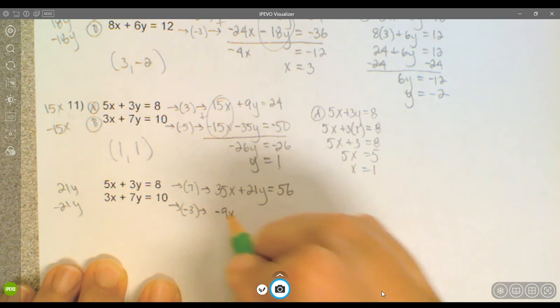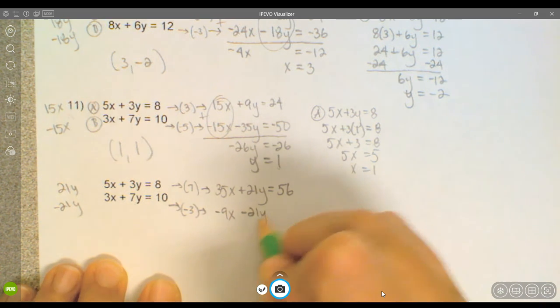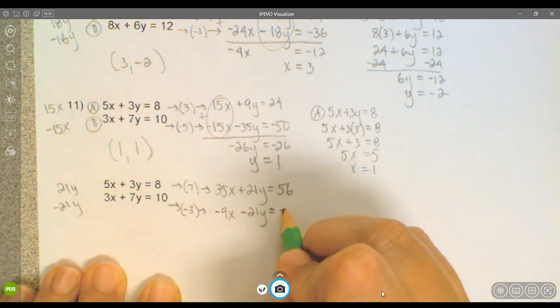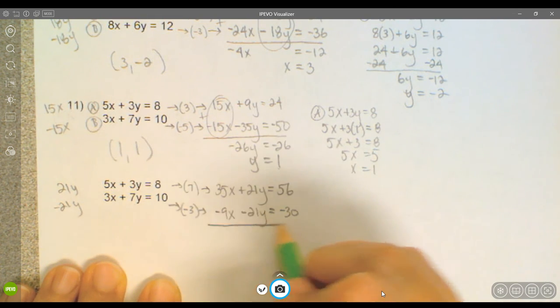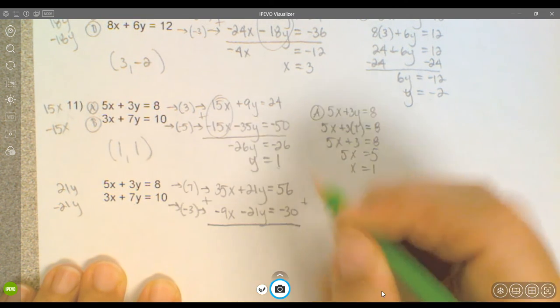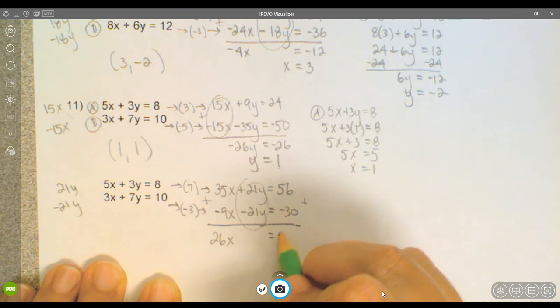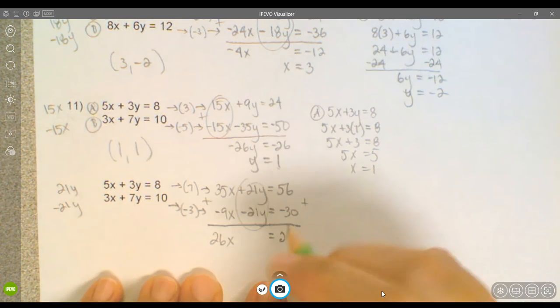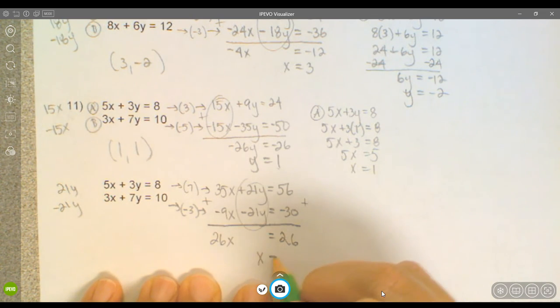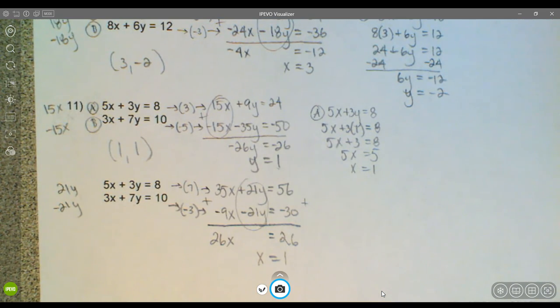We'd get negative 9x minus 21y equals negative 30. Okay, that's fine. So when we add, we'll eliminate. We'll get 26x equals 26. So x equals 1.